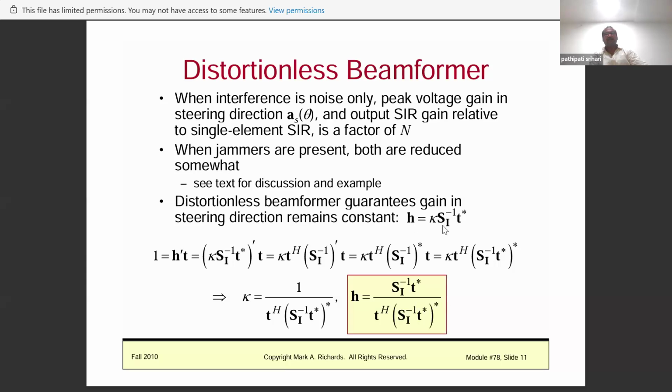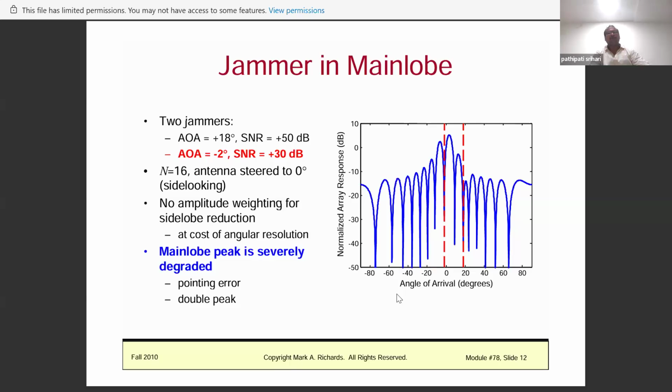So H comes here, but not only this; there is one K, and that K has to be estimated from these values and then put into the H, so that it always guarantees distortionless beamforming. Jammer in the main lobe is another example.